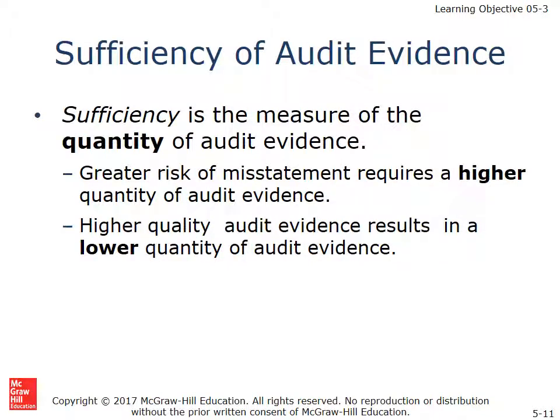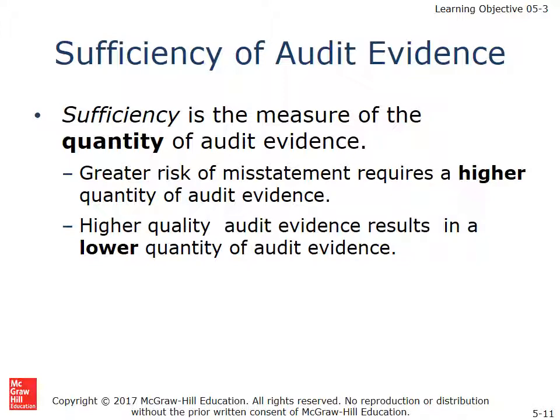The sufficiency of audit evidence is the measure of the quantity. So how much do we have to collect? The greater the risk of misstatement, the higher the quantity of evidence required. Sure, because if you think that might be misstated, you want to look as much as possible to be sure it isn't.